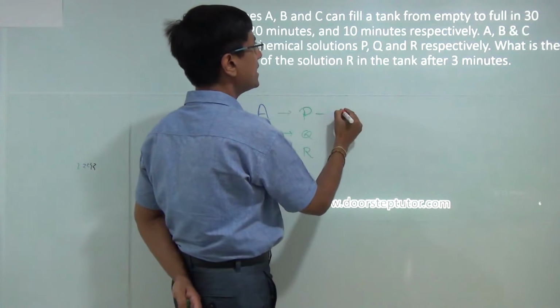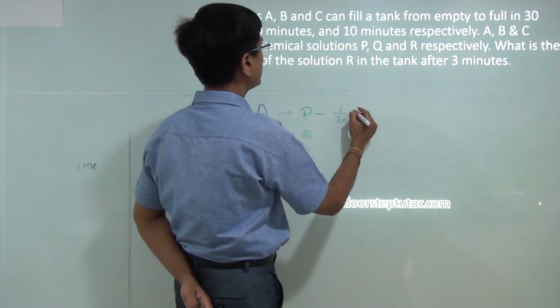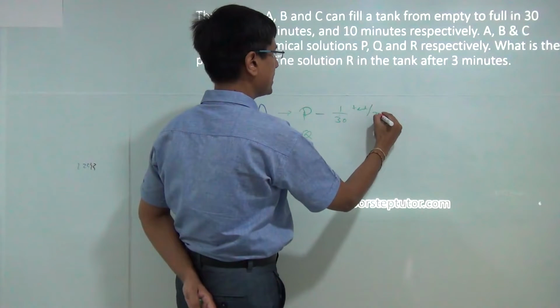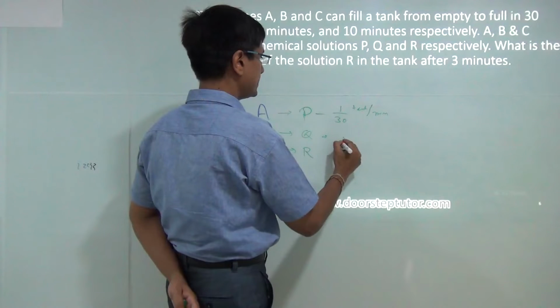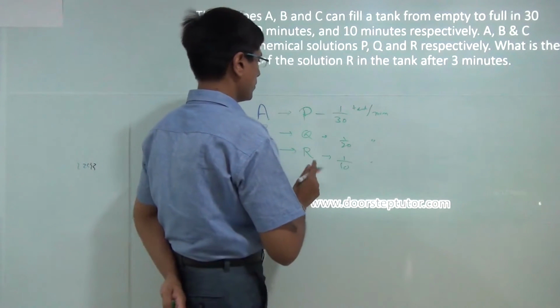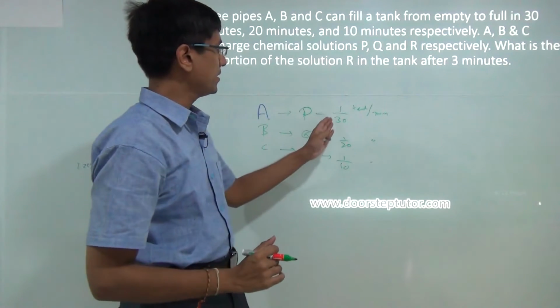The rate for A is 1 by 30 tank. It is able to fill 1 by 30th of the tank in 1 minute. For B it is 1 by 20 and for C 1 by 10. So these are the different rates.